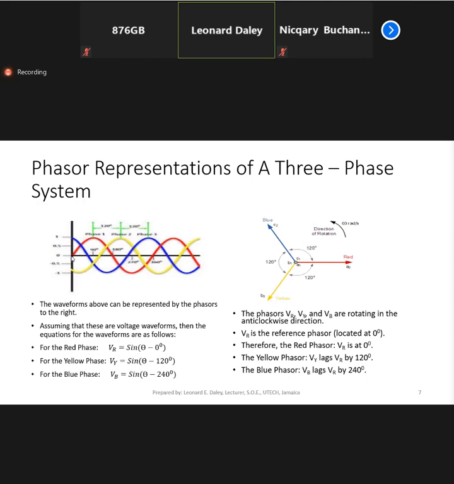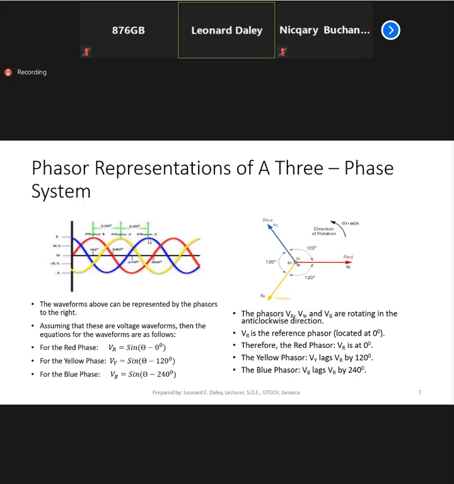So how can we distinguish the lag? You can look at the peak, or you can look at where they cross the horizontal axis, rising. The red phase is rising, and it crosses the x-axis, or the horizontal axis, at angle 0. The yellow is rising here, and it crosses the horizontal axis at 120.